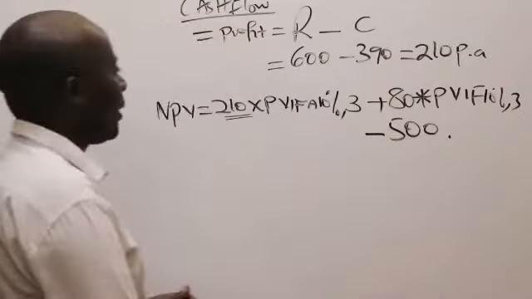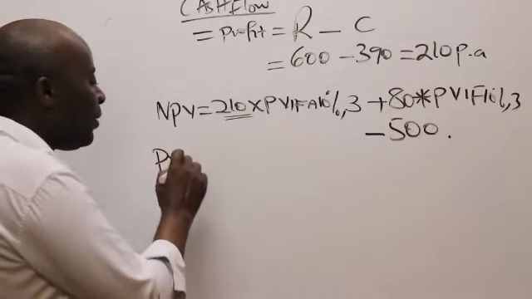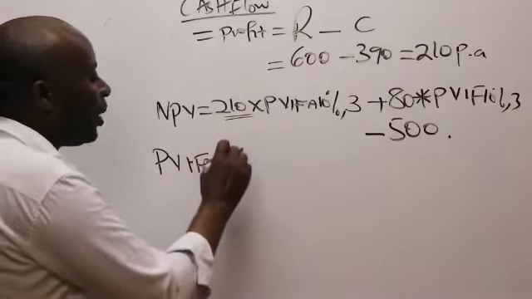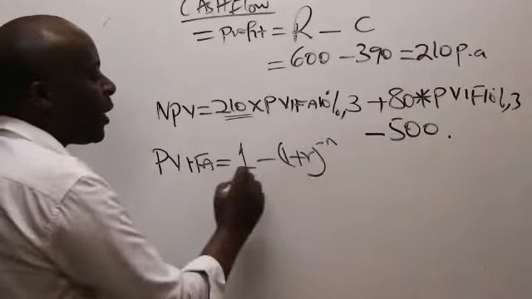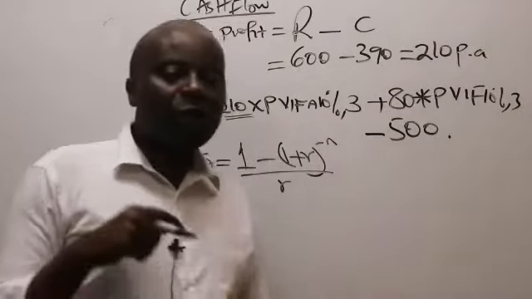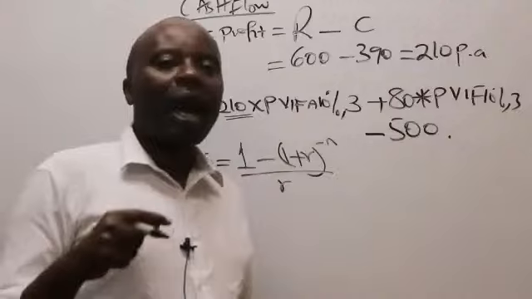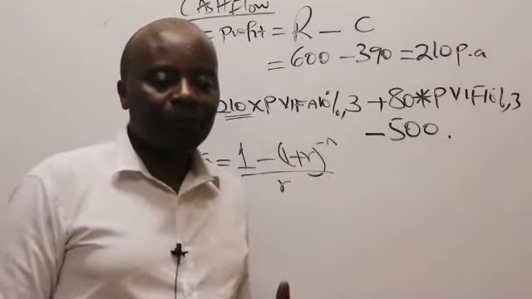Sorry, one minute. What the brother is telling me is that, Mwalimu, I know that to get PVFA there is this formula which says 1 minus (1 plus R) raised to negative N, all over R. As you shall see, I never rely on the tables that the examiner gives us.